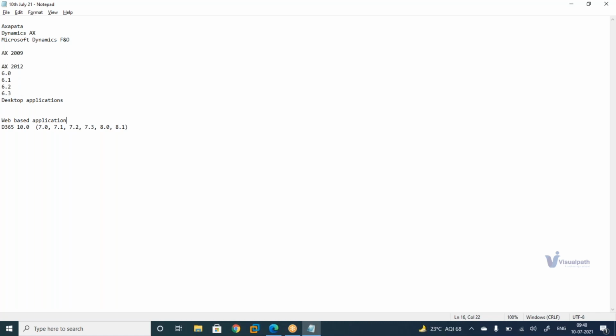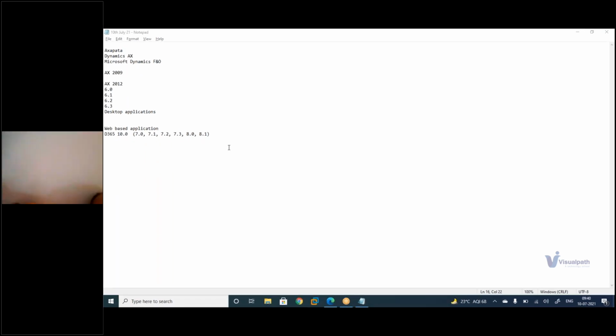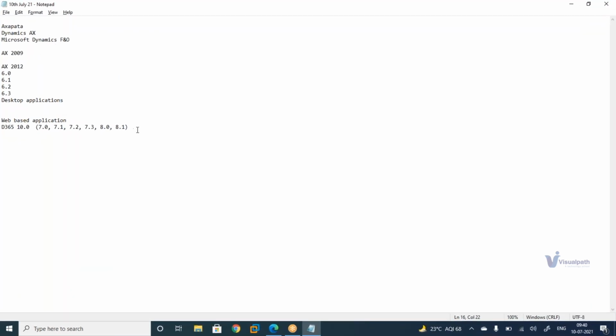Any idea, does anyone know the difference between these two? AX version is based completely on the computer, and Dynamics web-based can be performed on the web and also on a desktop software version. Okay, what is the best example of a web-based application that we regularly use? Cloud-based and on-premises based.